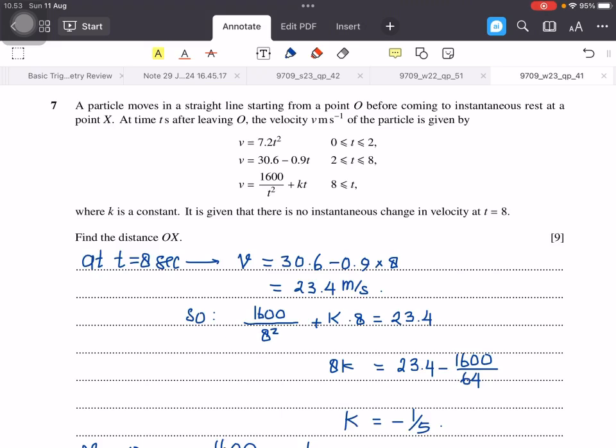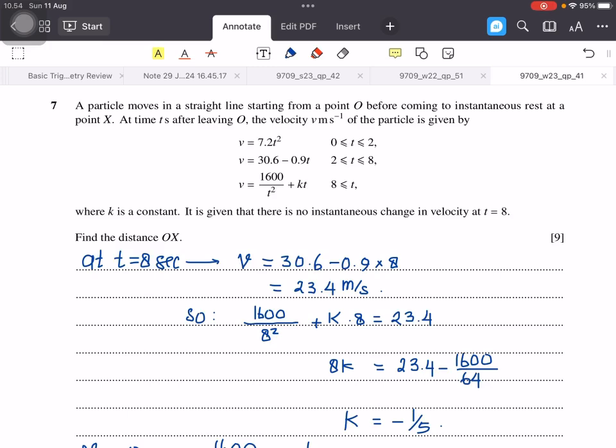So this is the last question on this paper, question number 7. A particle moves in a straight line starting from a point O before coming to instantaneous rest at point X. At time t seconds after leaving O, the velocity v meter per second of the particle is given by v equals 7.2 t squared for 0 less than or equal to t less than or equal to 2, and v equals 30.6 minus 0.9t for 2 less than or equal to t less than or equal to 8, and the last v equals 1600 over t squared plus kt for t greater than or equal to 8, where k is a constant.